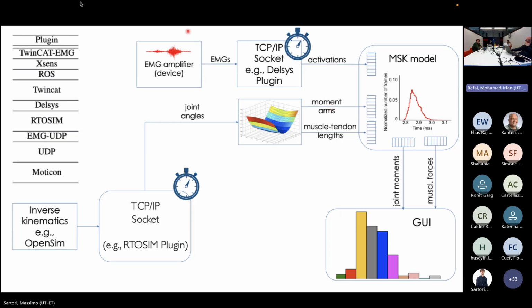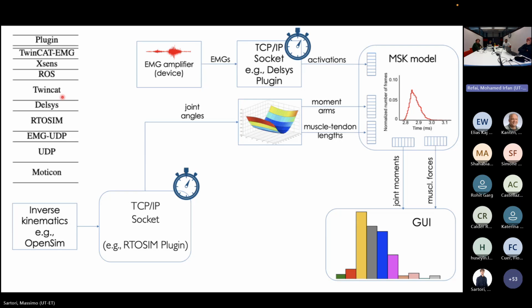In this table here, you can see the existing plugins, which are available open source. We already have plugins to communicate with a very common inertial measurement unit system. We have plugins to communicate with ROS, so if you want to run CEINMS on ROS, we already have a plugin for that. We have a plugin for Delsys, as I showed. We have a plugin for OpenSim RT. If you want to stream real-time OpenSim variables to CEINMS, that can be done.